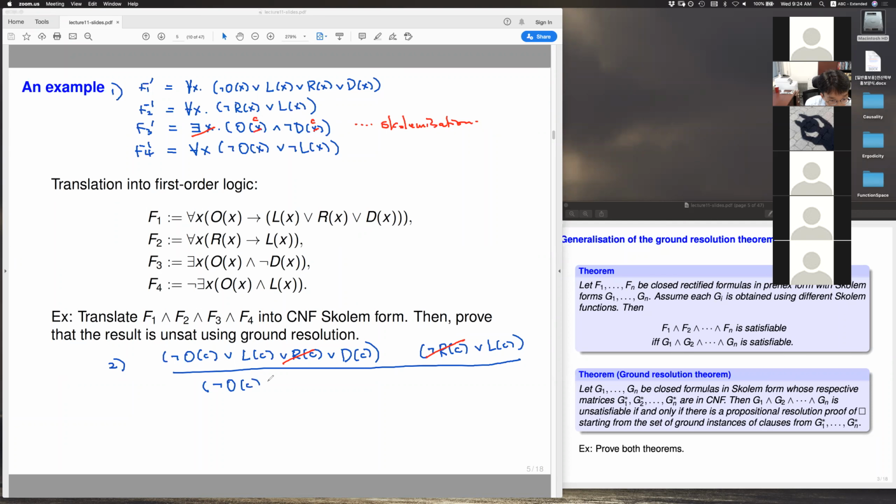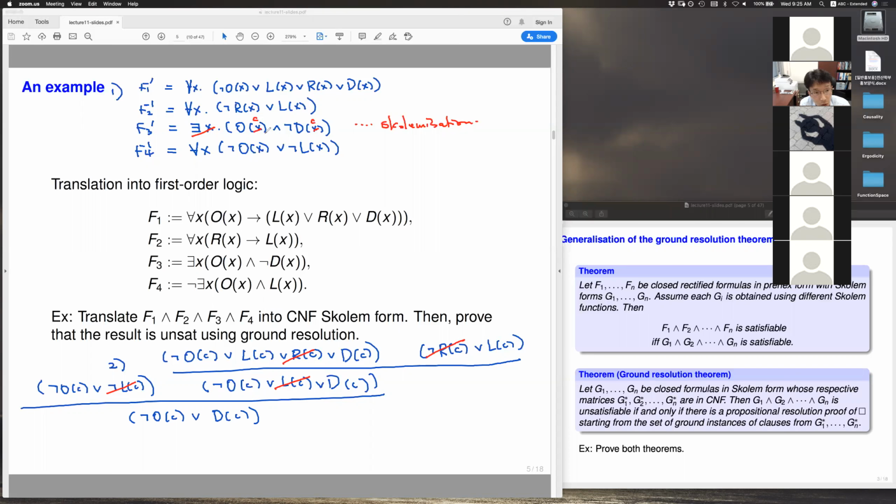negation of O of C, L of C, and D of C. And now we instantiate the last one with the constant C, and that's going to give us negation of O of C, L of C. And if we apply the resolution proof step, this time the resolution proof step will cancel this L of C. So what we obtain there is going to be negation of O of C or D of C. Now we're going to use this back, this F3 prime.